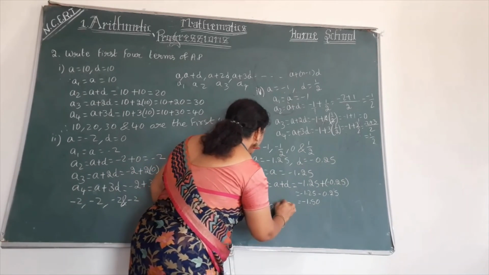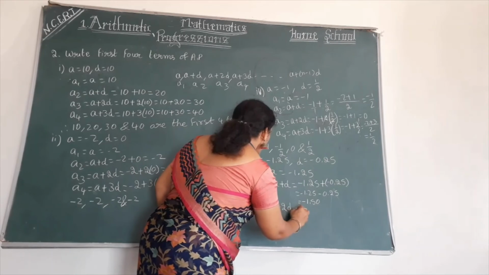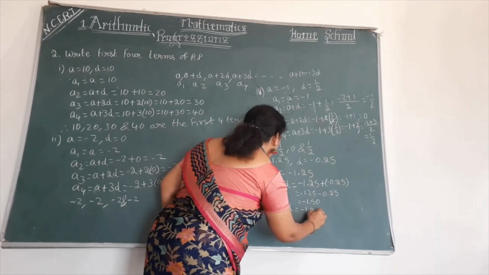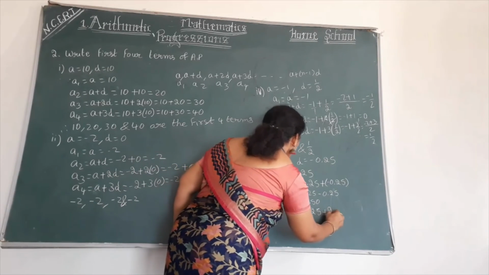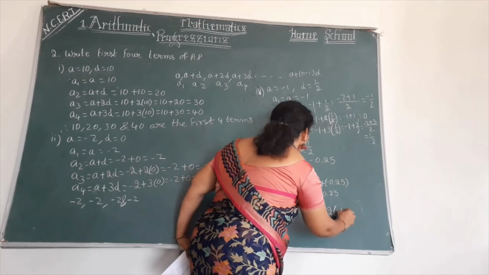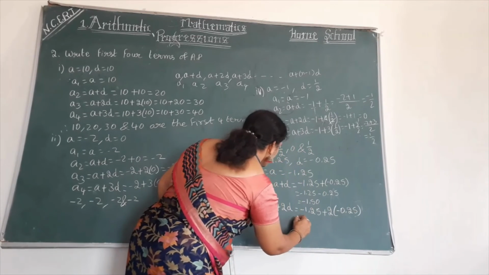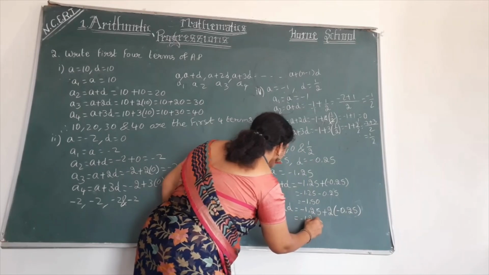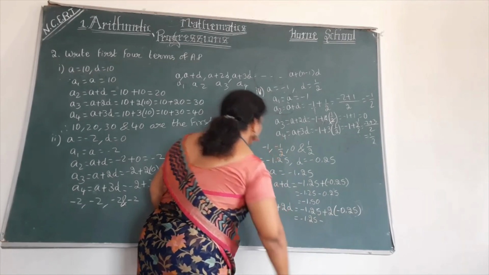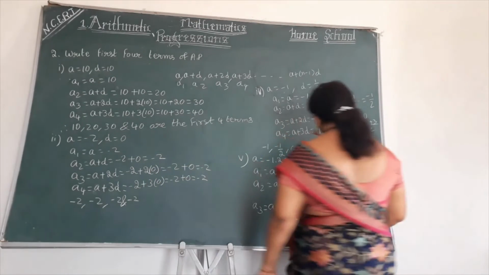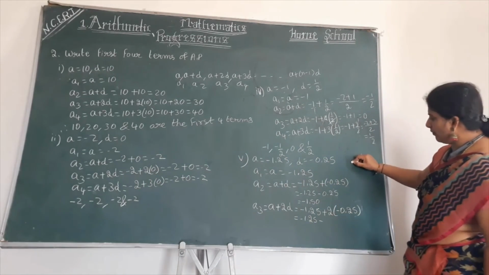A3, it will be A plus 2D. What's your A value? Minus 1.25 plus 2 into minus 0.25. This is equal to minus 1.25 minus, look here children, so what you are going to get? 0.25.